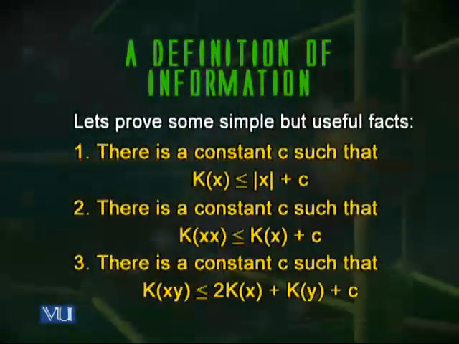Let's look at the third property. There's a constant C such that the descriptive complexity of XY is less than or equal to twice the descriptive complexity of X plus the descriptive complexity of Y plus a constant.